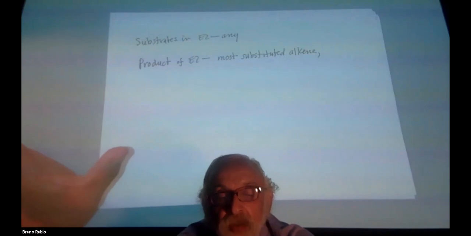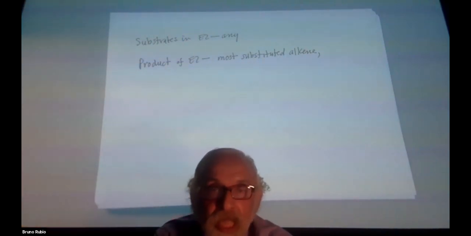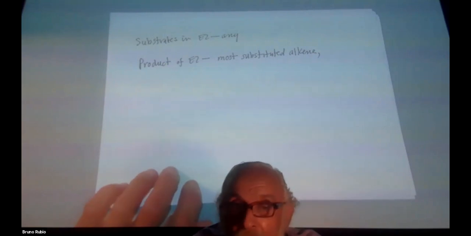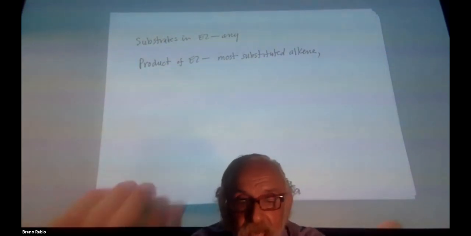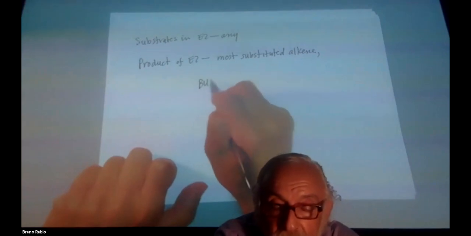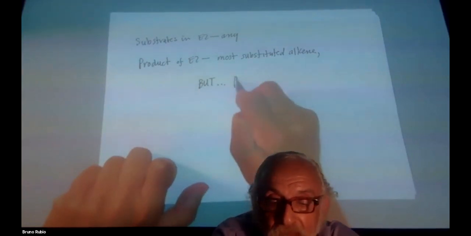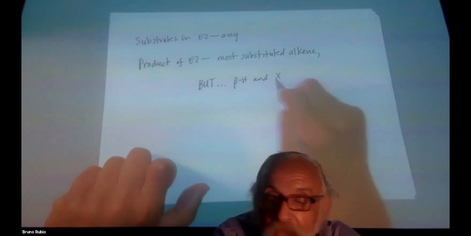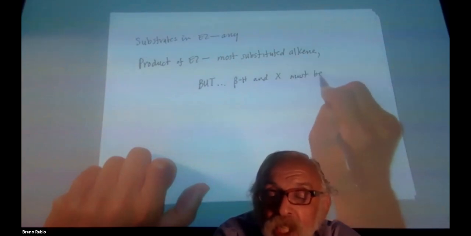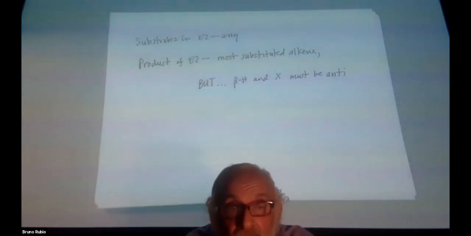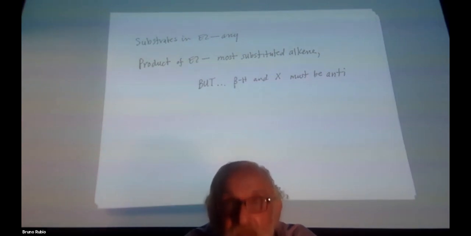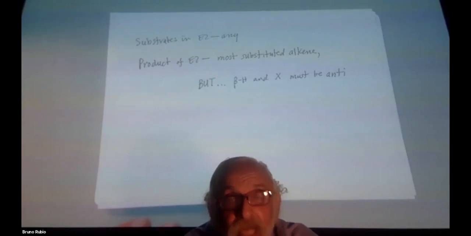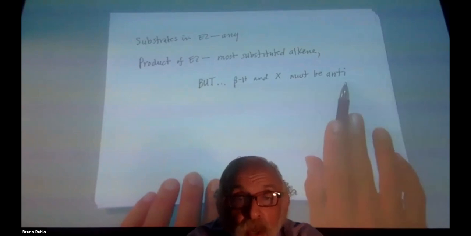So there's a tendency to form the more thermodynamically stable, more substituted alkene, but the truth is so messy, right? But the beta proton and the leaving group X must always be anti, right? So we're not going to get the most substituted alkene if it violates the anti transition state. We get the most substituted alkene, but we have to satisfy this requirement.